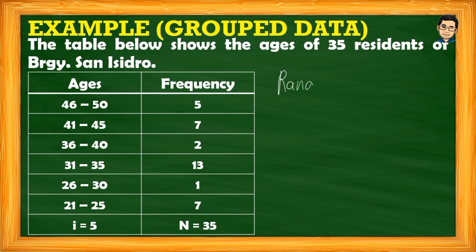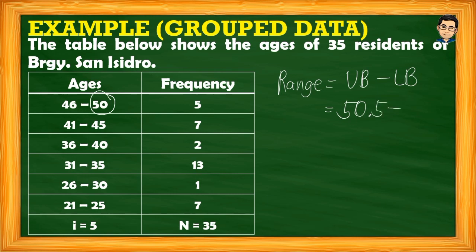Pag grouped data, range is equal to upper boundary minus lower boundary. Okay. So, sa upper boundary, ito po yung 50, yung pinakamataas. Mag-a-add lang po tayo ng 0.5. So, yung upper boundary natin is 50.5.